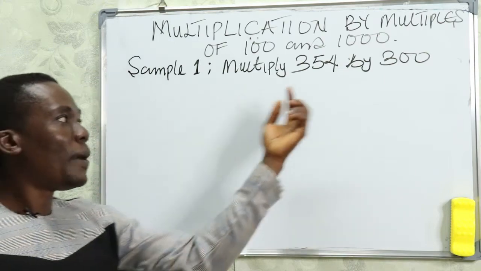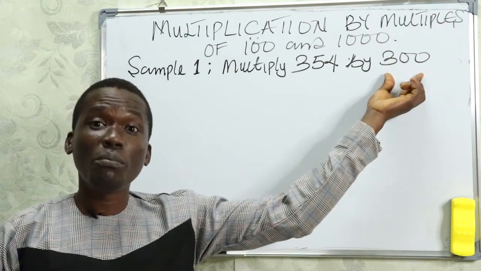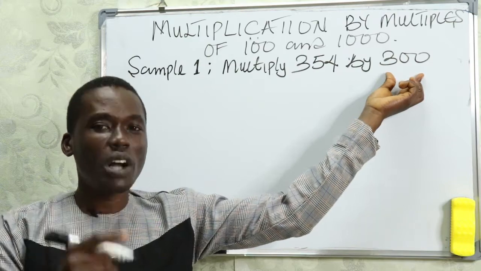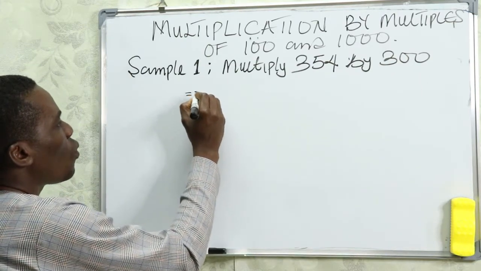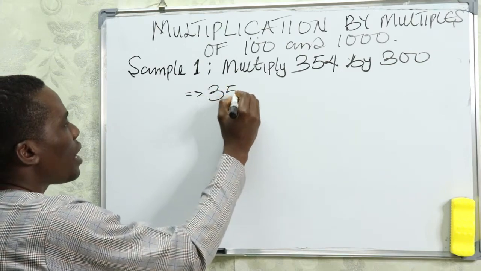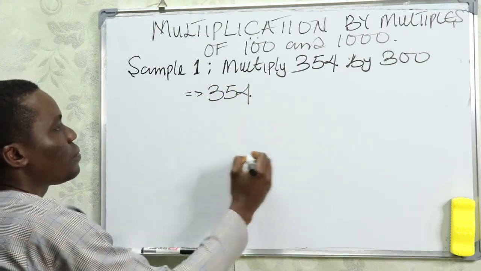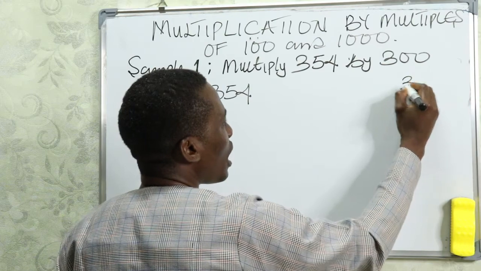Now remember, 300 is a multiple of 100. Good. Now if we want to multiply that value, we'll have our 354.